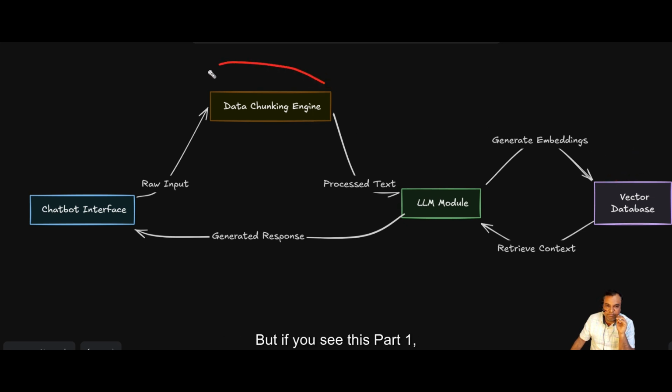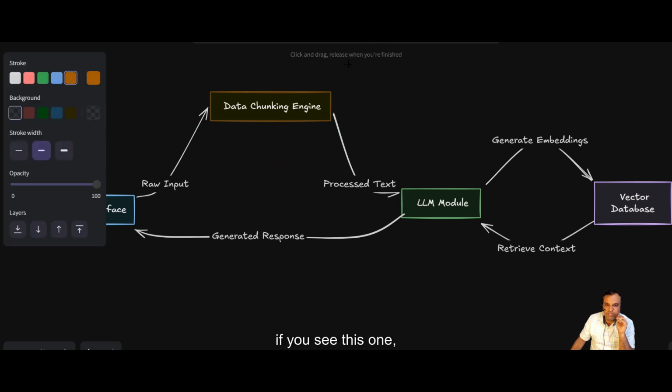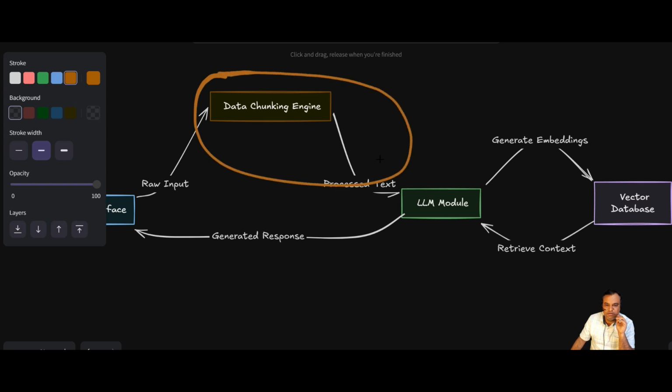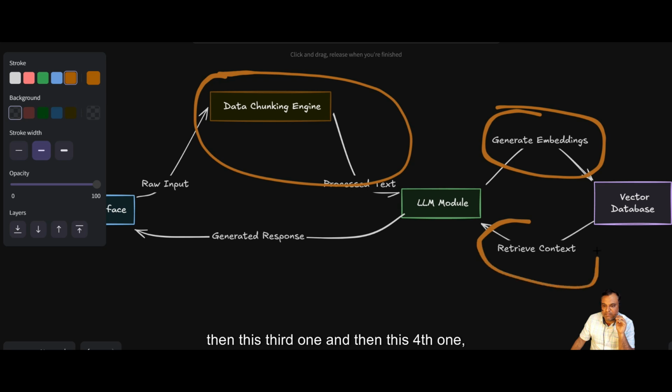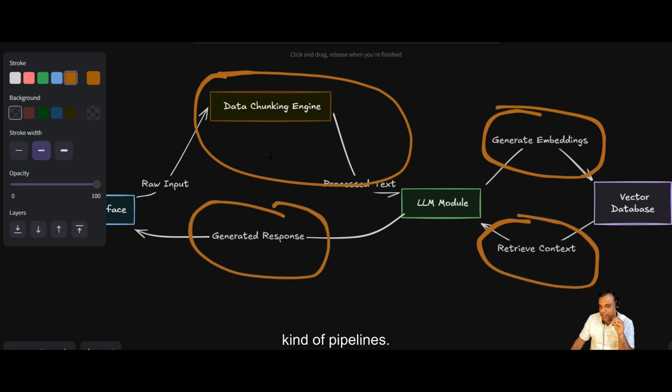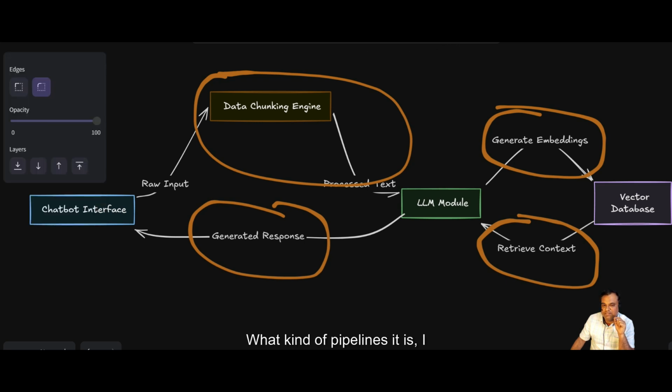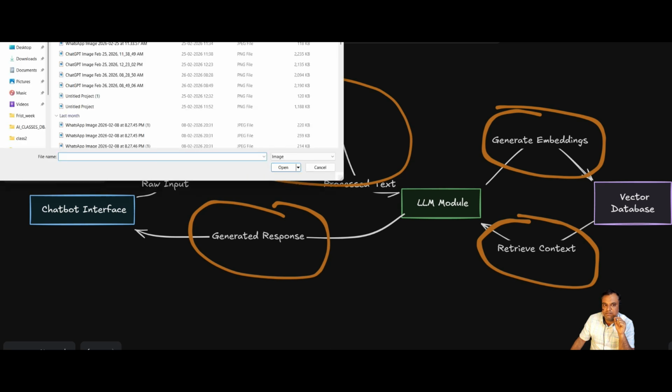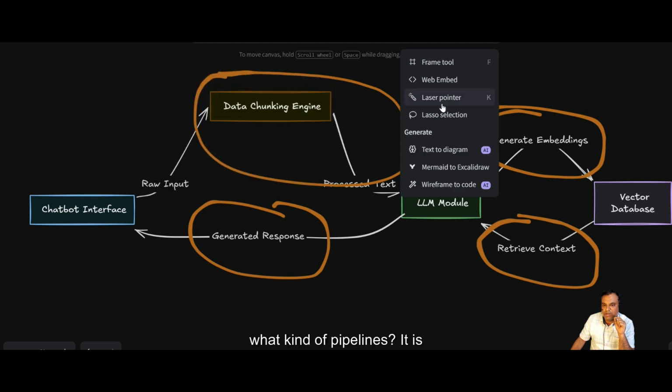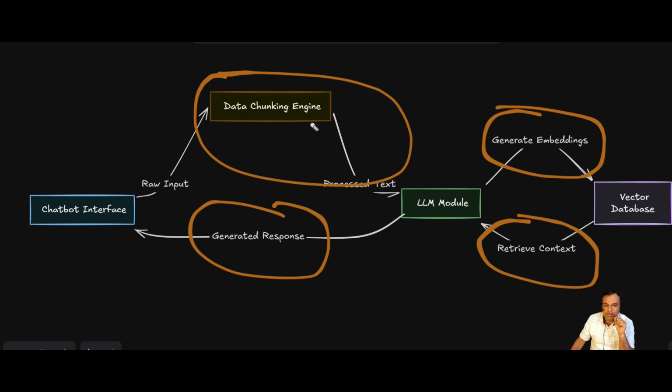But if you see this part 1, then the second one, then this third one, and then this fourth one, these are kind of pipelines. What kind of pipelines are they?